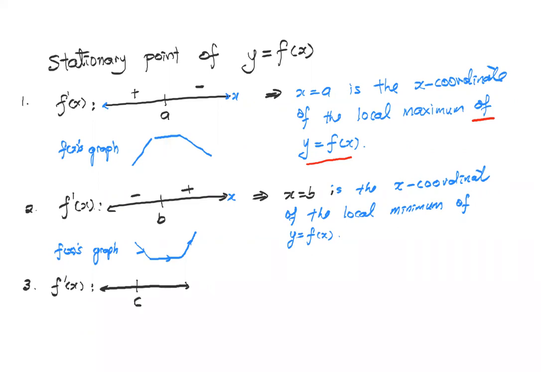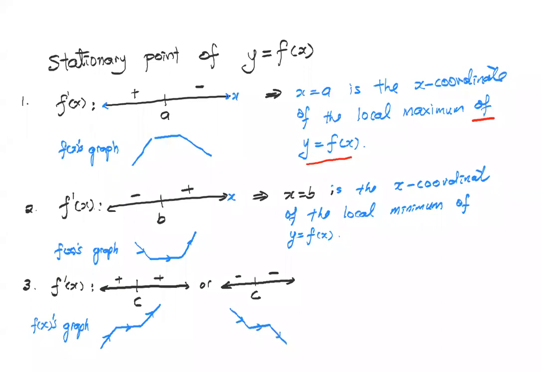I call this C, both are plus, or both are minus. So this shows that my fx graph will look like this. Go up, stop, go up. Go up, stop, go up. Go down, stop, go down.